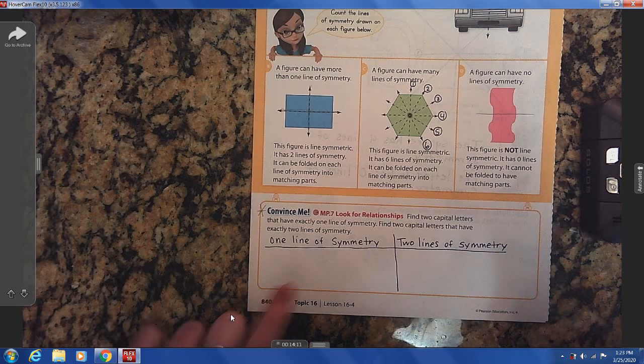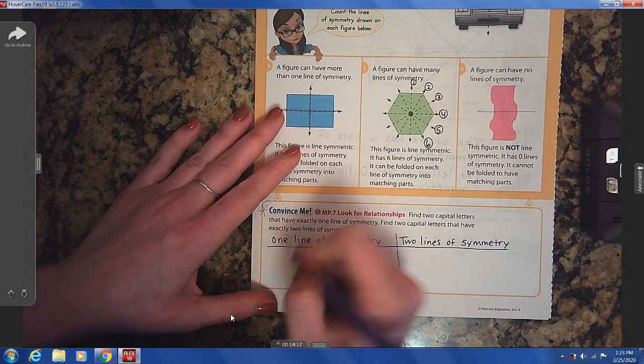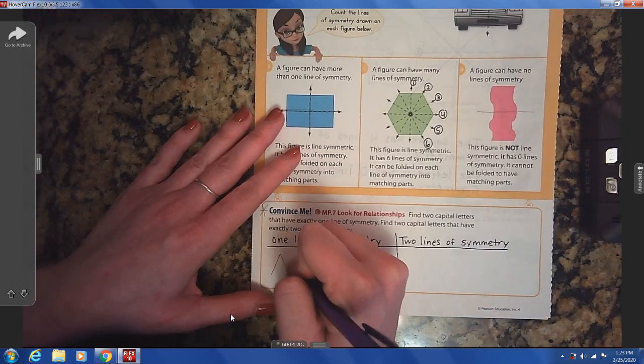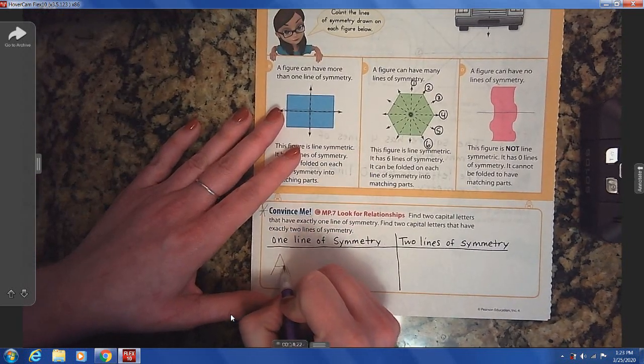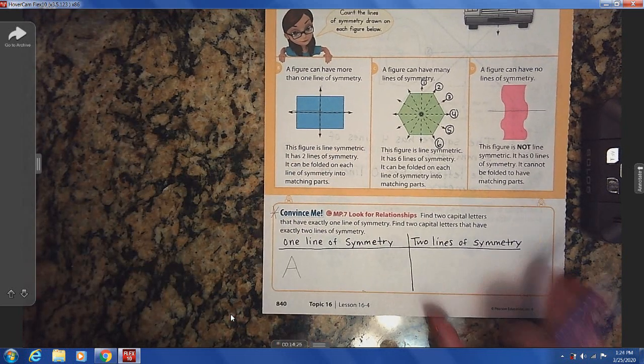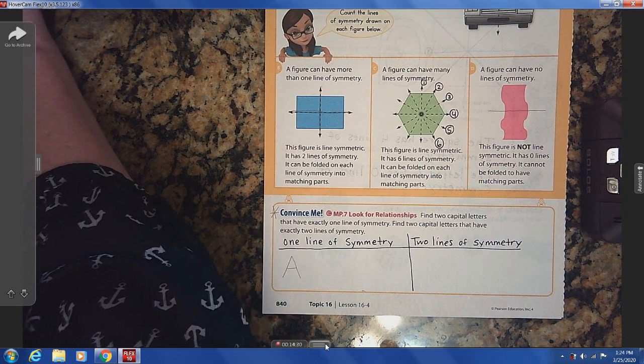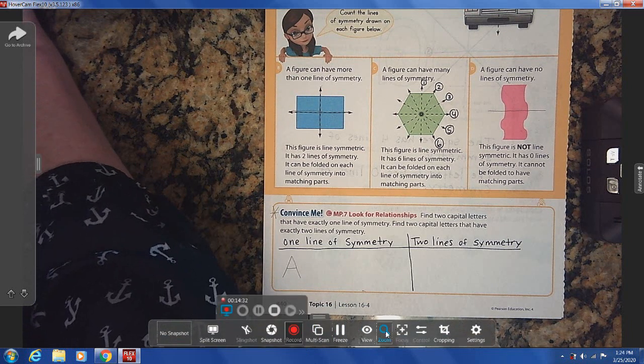Okay, so we need a capital letter with 1 line of symmetry. The first letter I thought of was an A, because it's the first letter of the alphabet, so I brainstormed it in my mind, and I said, does the capital A have lines of symmetry? Does it have 1? Does it have 2?